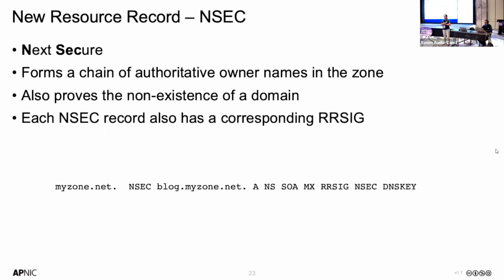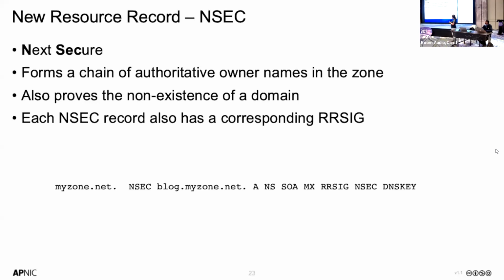For example, I have irashai.net, and I have a record, let's say test.irashai.net. And if someone queries for test2 instead of test, I don't have a record for that. So how do we check the validity of that? That's the purpose of NSEC. It actually proves the non-existence of a record.